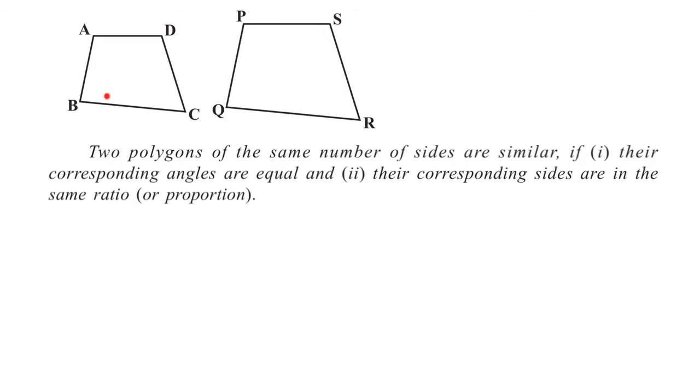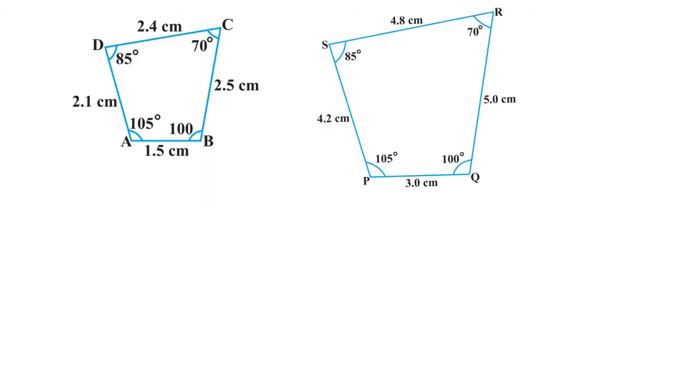So the corresponding angles have to be equal and the ratio of the corresponding sides have to be the same, or in proportion. So let us see how we figure out using this definition whether two figures are similar or not. Let's figure out whether these quadrilaterals are similar or not.